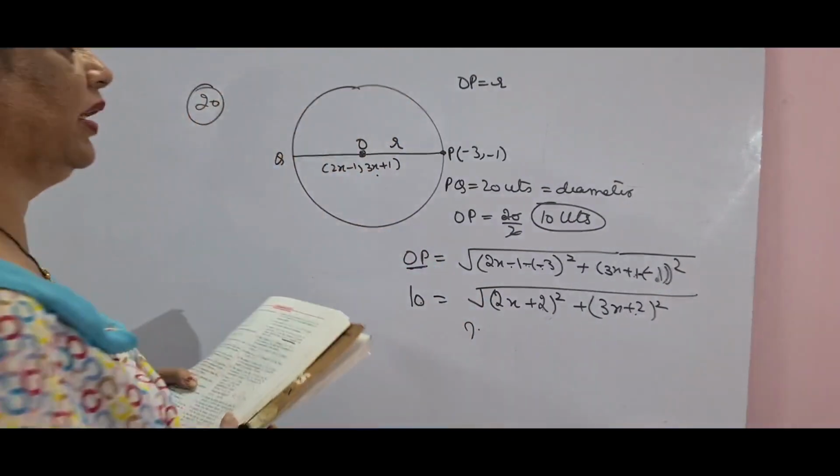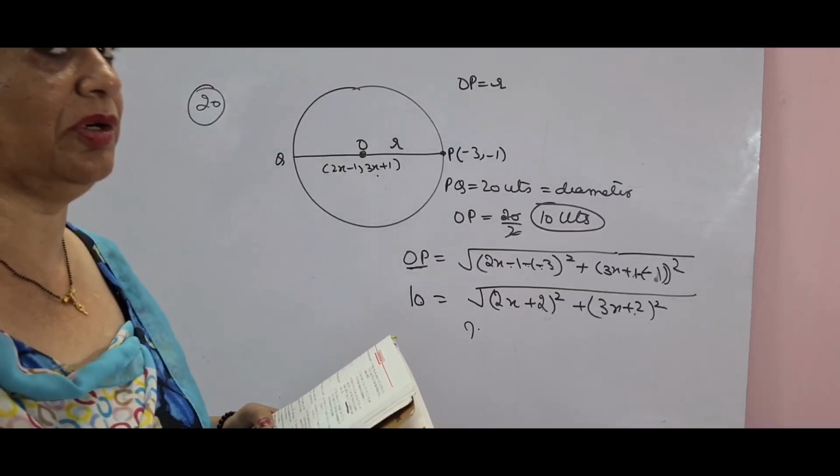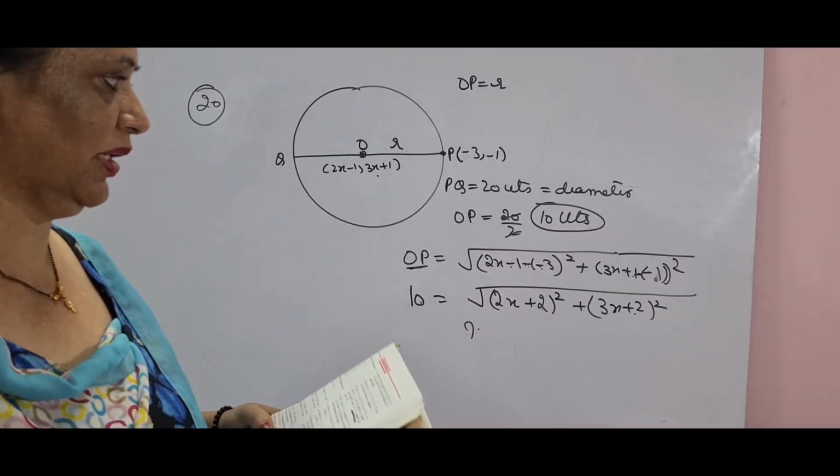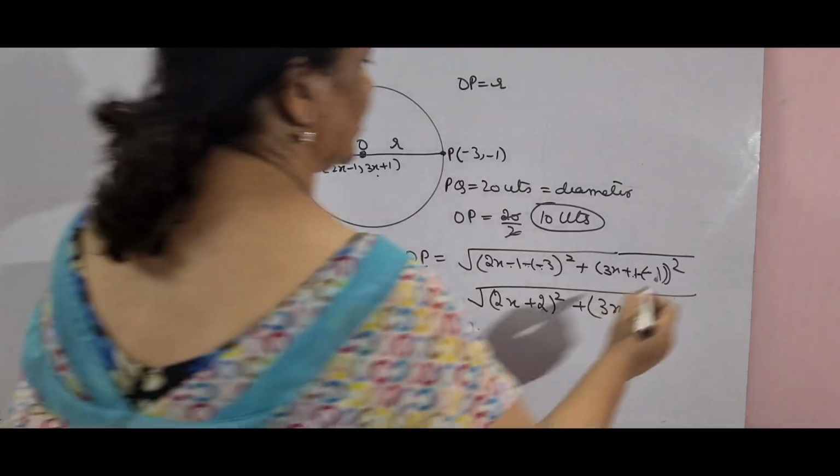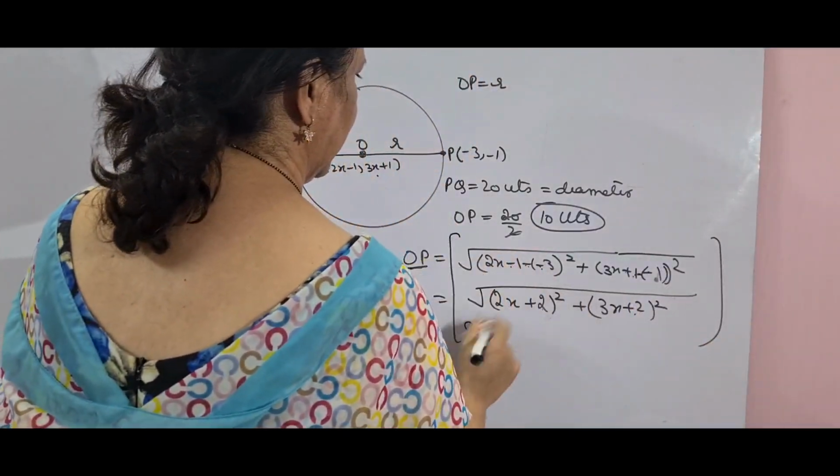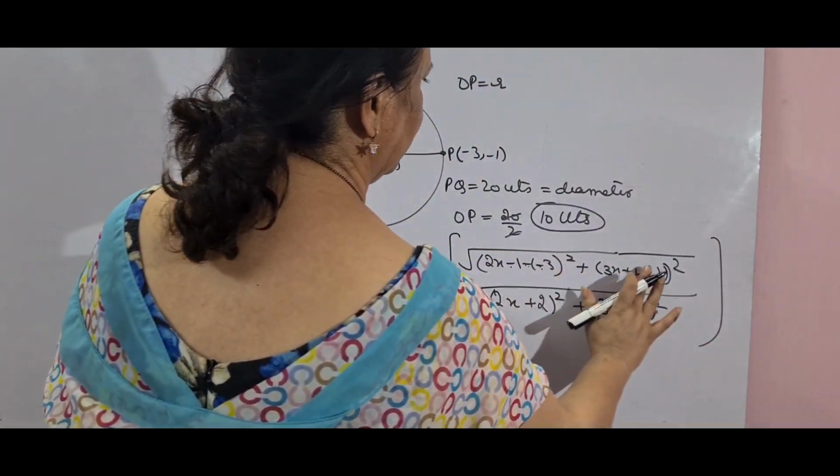Again you will get two values of x and both are your answers because no condition has been given. Where you have to be careful is this step. If you make any mistake here, your calculations will be wrong.